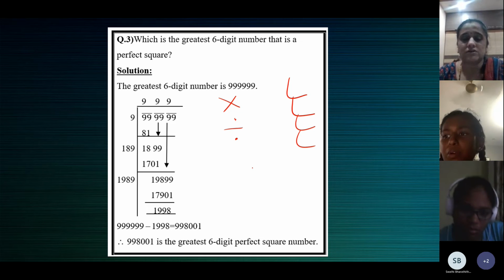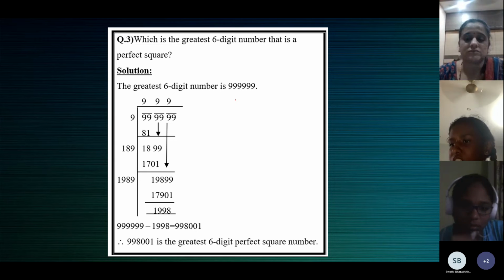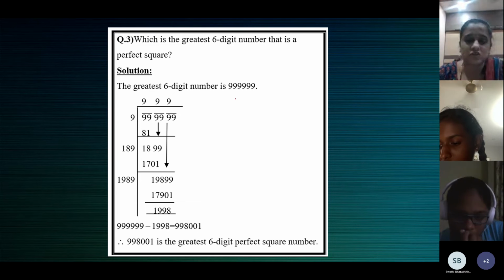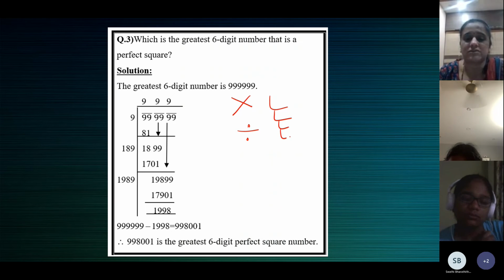Got it, children? All of you understand? Yes, ma'am. What is the least number by which it should be multiplied, or what is the least number by which it should be divided? You should use the prime factorization method.